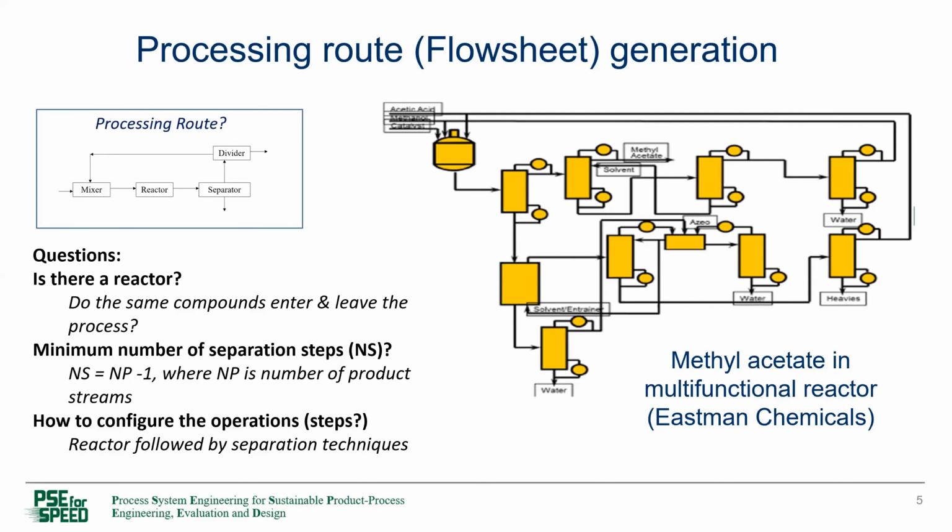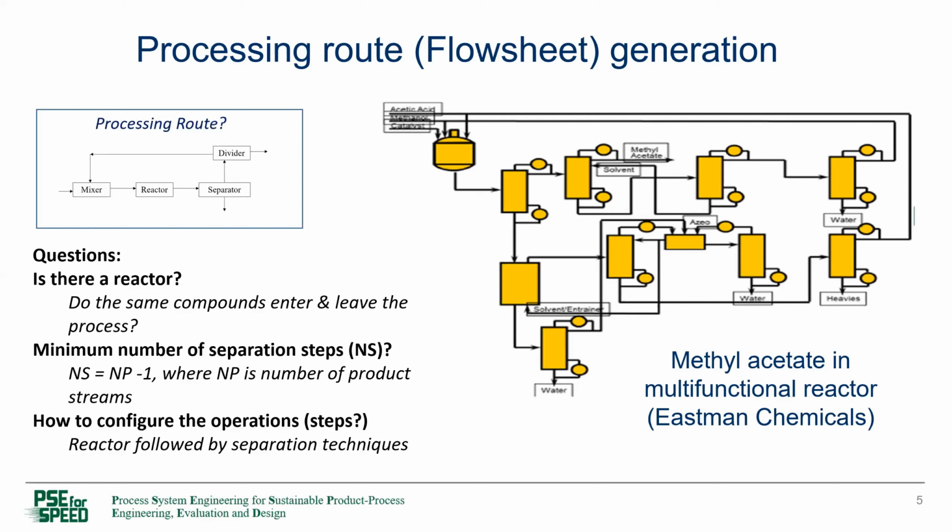And so the synthesis is, if we know this, that there is 1 reactor followed by at least 3 separation units, what is the best sequence of the separation units and what separation units there should be. Obviously, in this case that you see for methyl acetate, even though the minimum was 4, there are 8 processing steps needed. So is that the best way to do it? One can question.